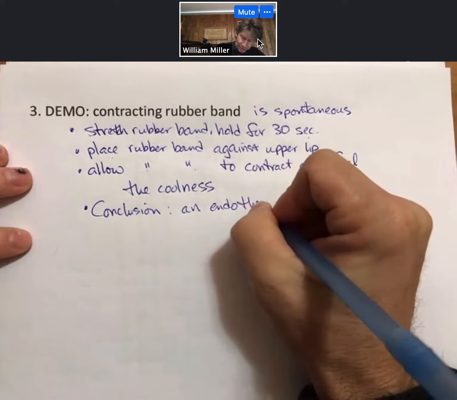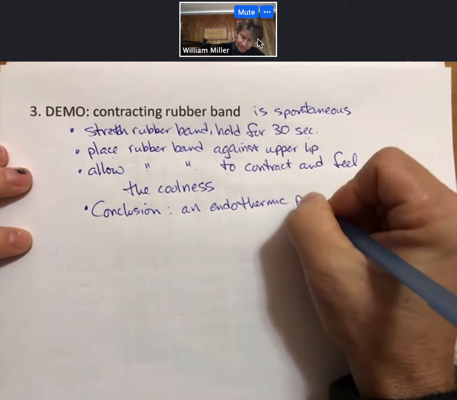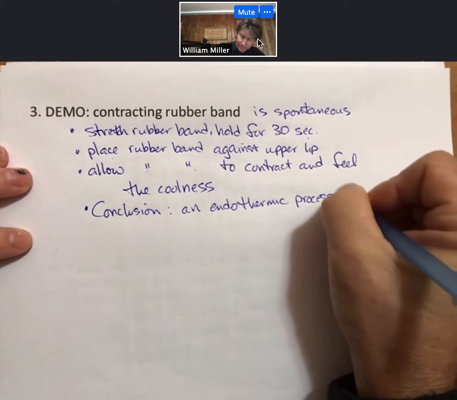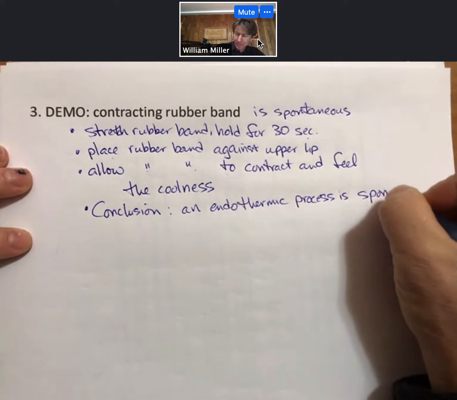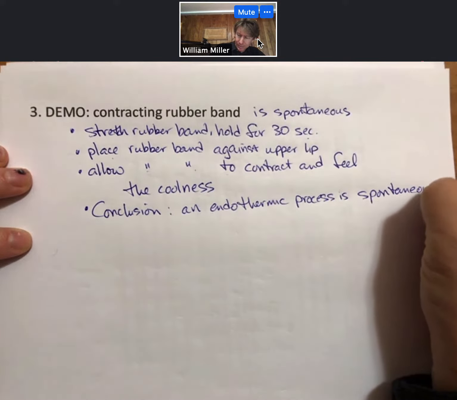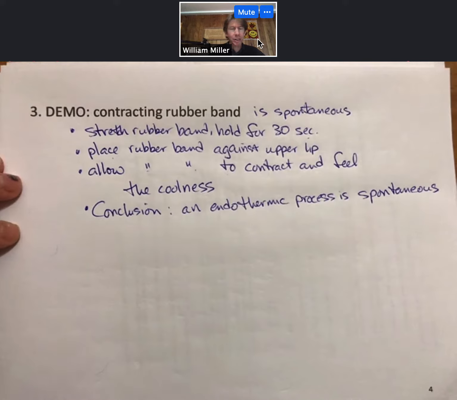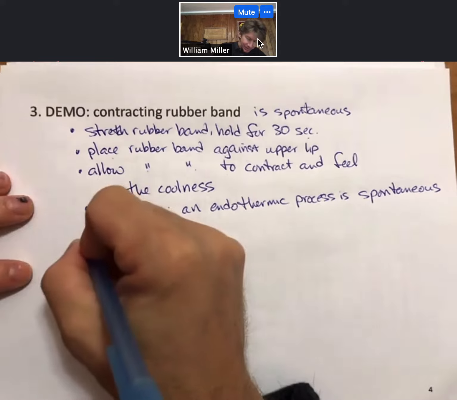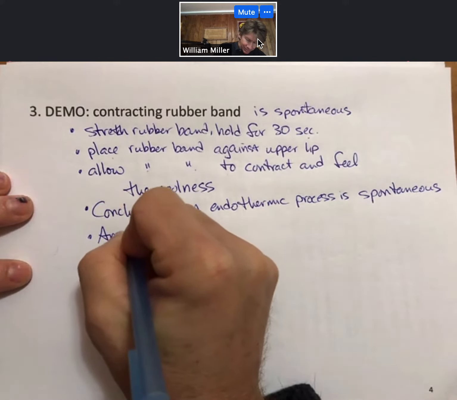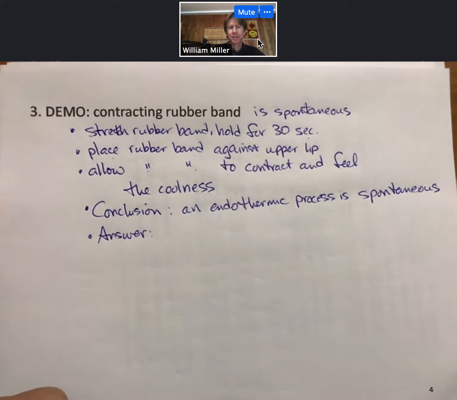An endothermic process is spontaneous even though it is not dispersing energy, which is a tendency that we just talked about as to things that happen. So why? The answer is, of course, that a contracting rubber band disperses matter.